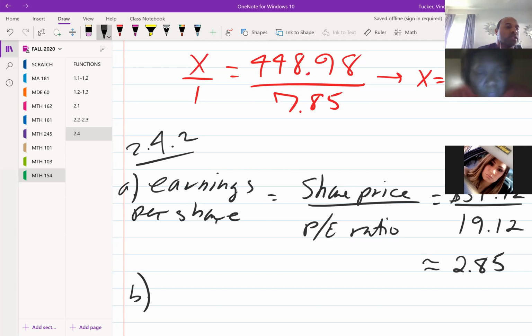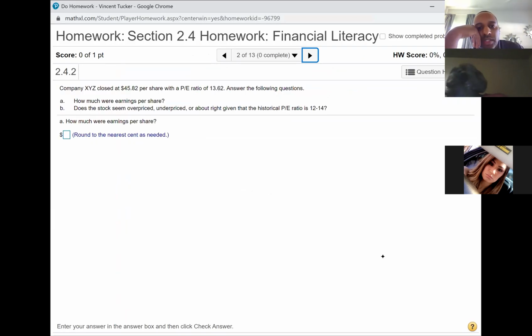All right. So now the next one, talking about B. Does the stock seem overpriced, underpriced, or about right given the historical PE ratio that is 12 to 14? So that one's 13.62.